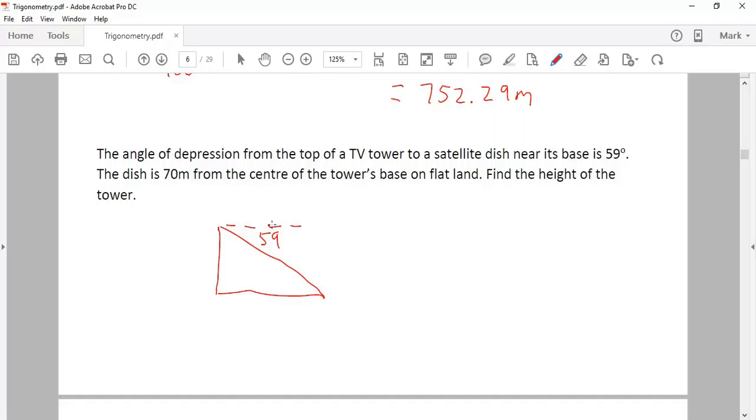Due to parallel lines and alternate angles, that'll be 59 here as well. We know the dish is 70 meters from the base of the tower, so that'll be 70 here. And we're trying to find the height, h again. So it's pretty much the same thing as above. It's another tan.